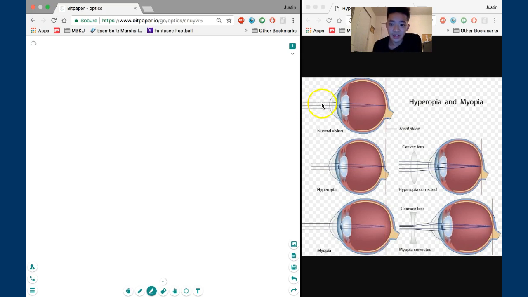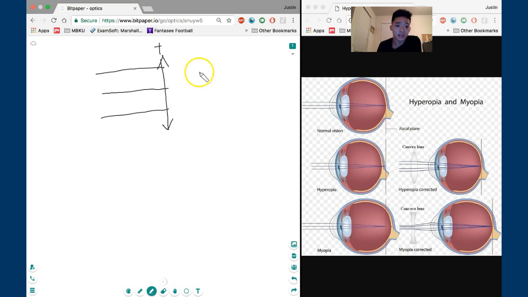So parallel light, which has a divergence of 0, will come into the eye, and the eye acts as an overall plus system, right? These rays, which can be considered a real object in a way because it's on the left side, get converged. The rays are parallel, and the plus lens converges them right onto the retina.